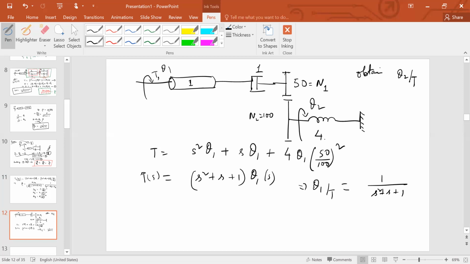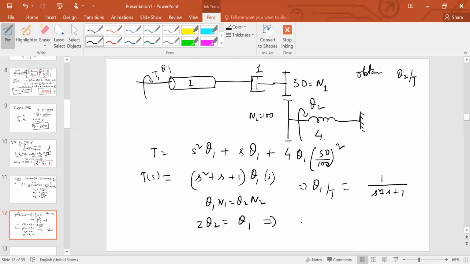This is very straightforward now. Now you apply this relation that theta 1 N1 is equal to theta 2 N2. So theta 1 N1 is equal to theta 2 N2, which just tells you that 2 theta 2 is equal to theta 1.